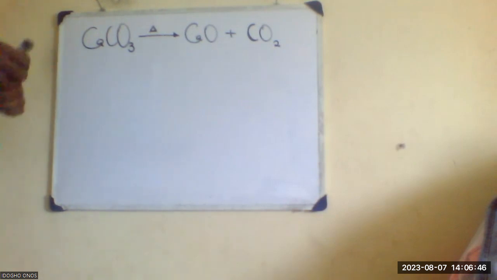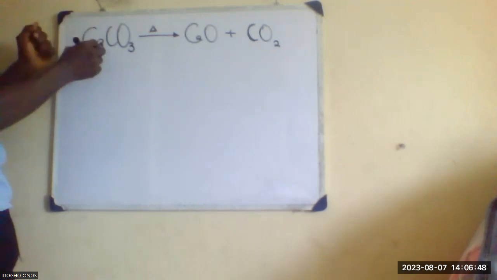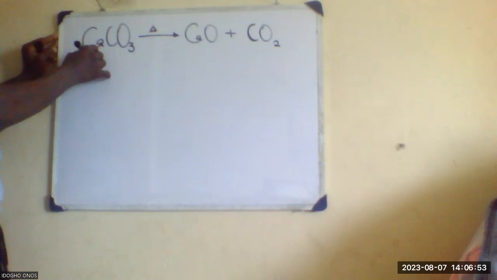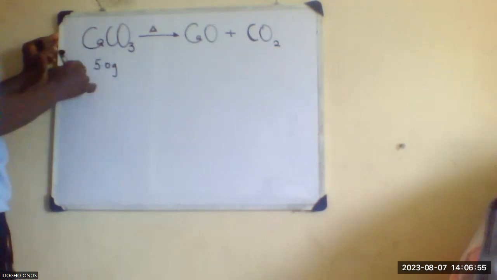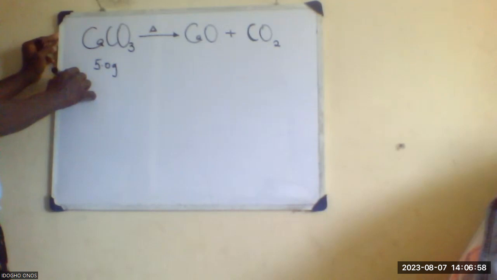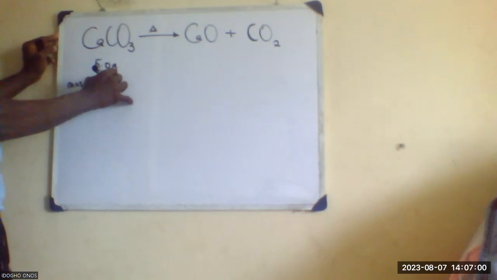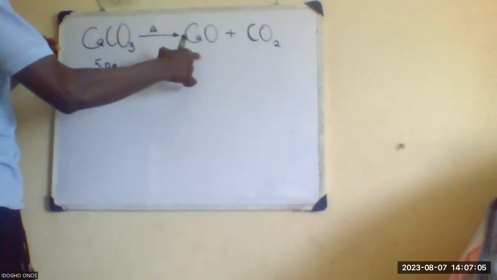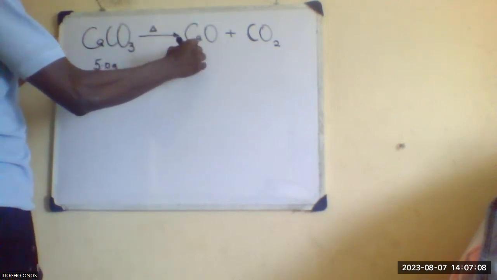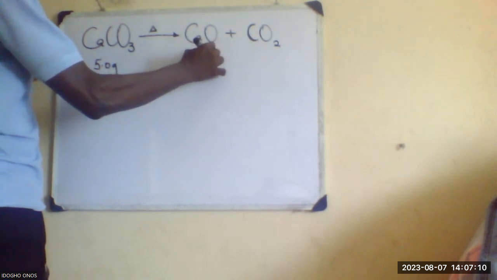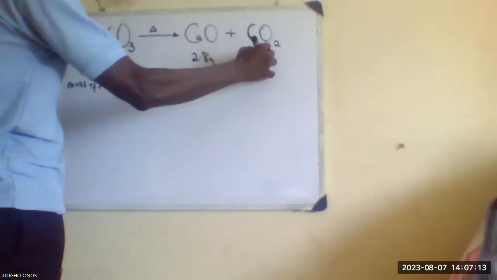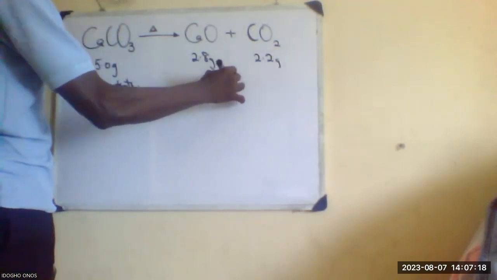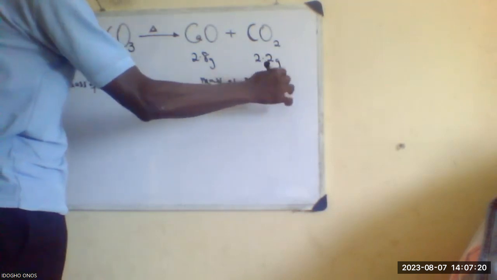If the equation is balanced, what was the mass of CaCO3 as given in the question? 5.0. This is the mass of reactant. And the products, CaO is what in terms of mass? 2.8 gram. And CO2, 2.2 gram. This is the mass of products.